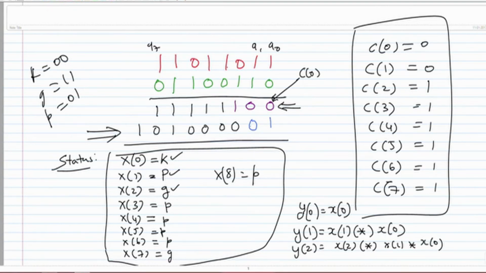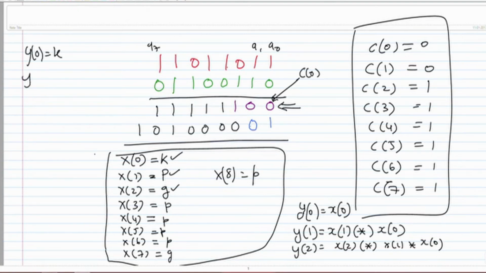So if we start doing this, we will find that y0 is kill, y1 is propagate star kill, right. Now y2 is generate with propagate with kill. Just look here, generate star propagate star kill would be generate, right.